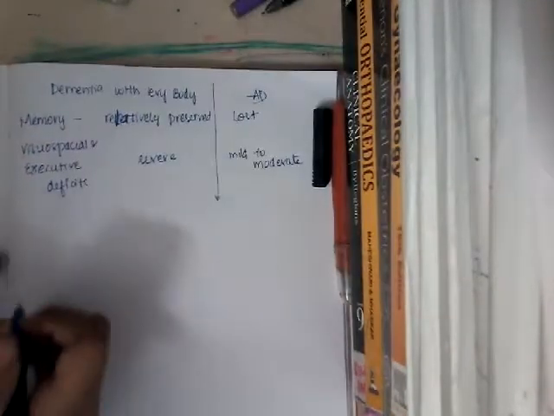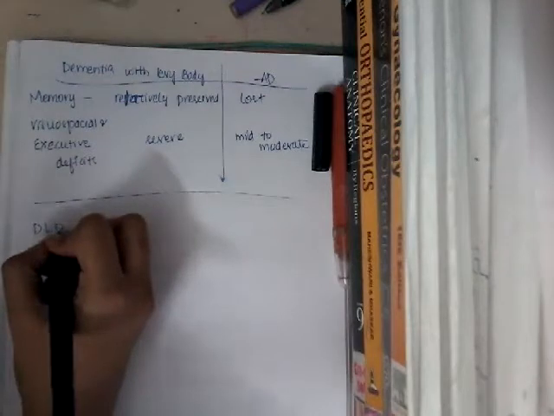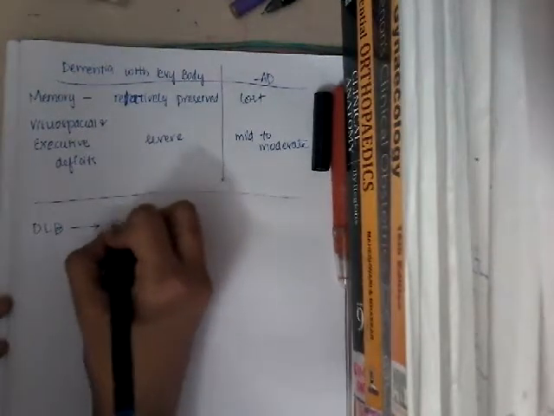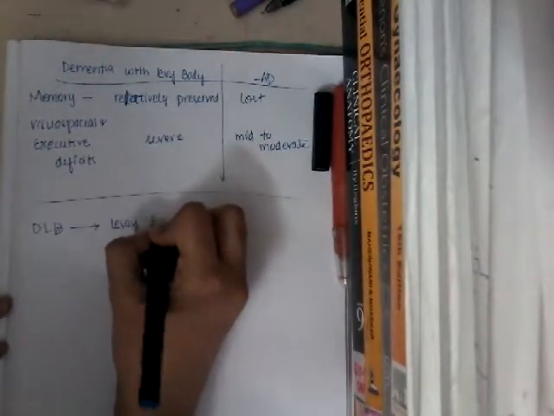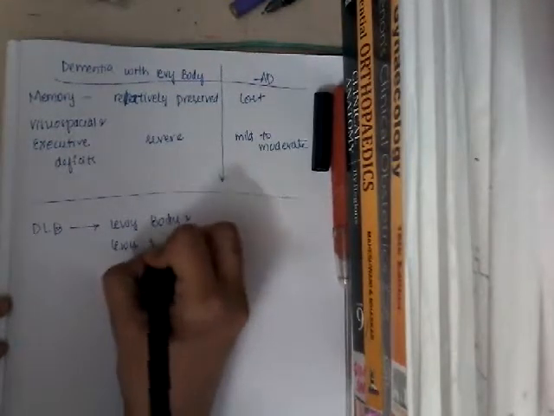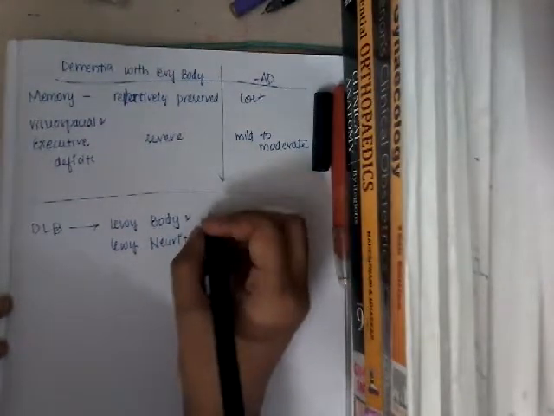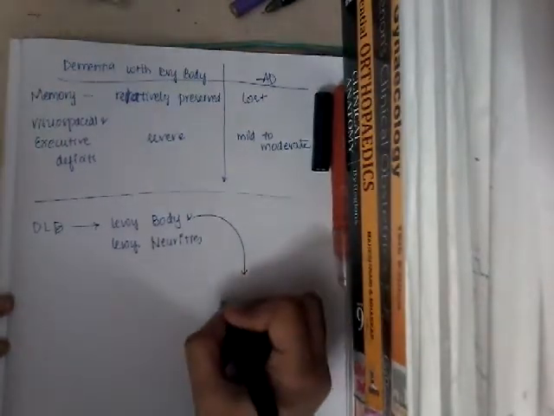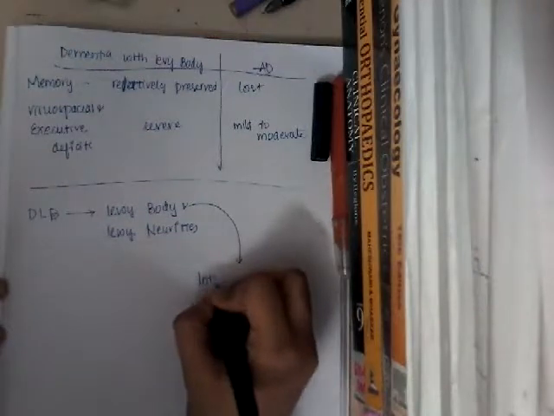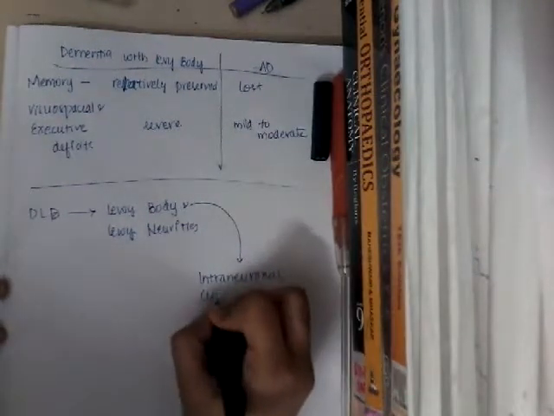In dementia with Lewy body syndrome, what are the pathological features that you see? You see Lewy bodies and also Lewy neurites. So what is a Lewy body? A Lewy body is an intraneuronal cytoplasmic inclusion body.